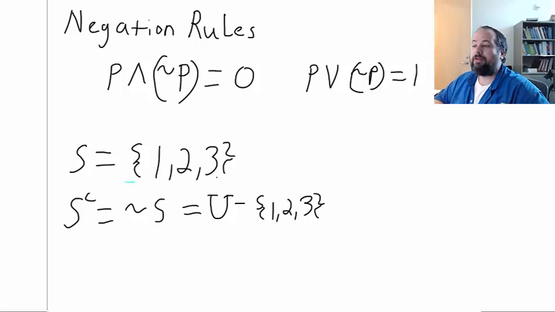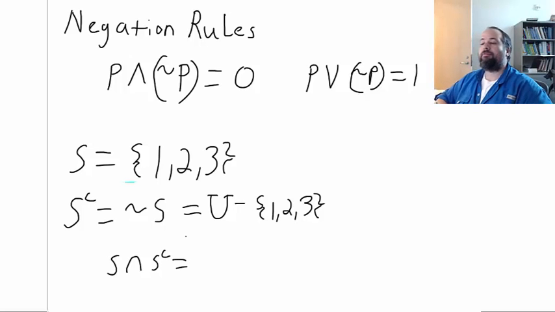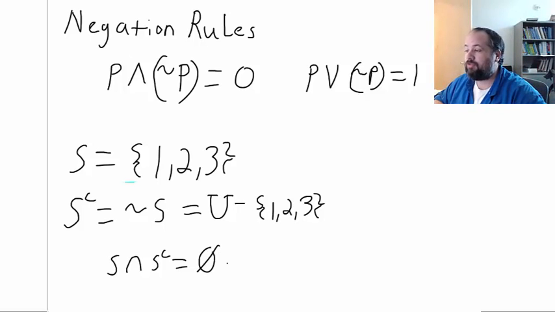So knowing that, if we have S intersection with S complement, well, since S complement is everything that's not in S, and S is everything that's not in S complement, then by definition, their intersection is going to be the empty set.